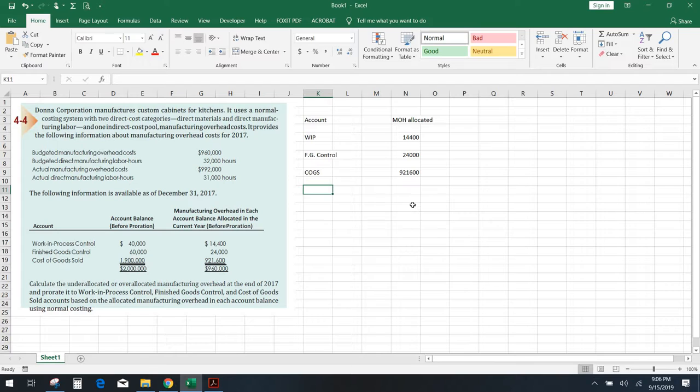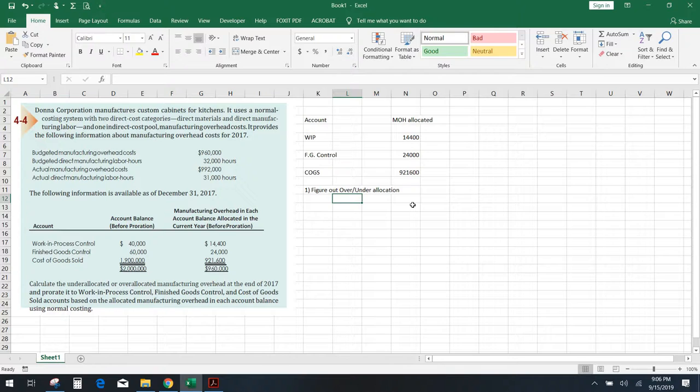The first thing we'll do is figure out the over or under allocation. Okay, so how do we do that? We've got to figure out the allocation rate.